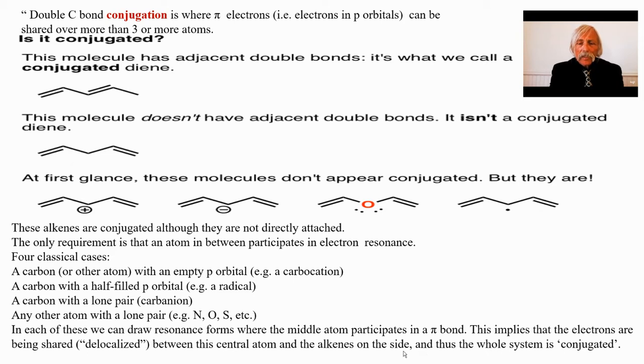And that's between the central atom and the alkenes on either side, and thus the whole system is considered conjugated. Okay. So I wanted you to know about conjugated double bonds so that you understand what those are, because I'm going to tell you something else a little bit more interesting and into the heavy level of sophistication of lipid metabolism.